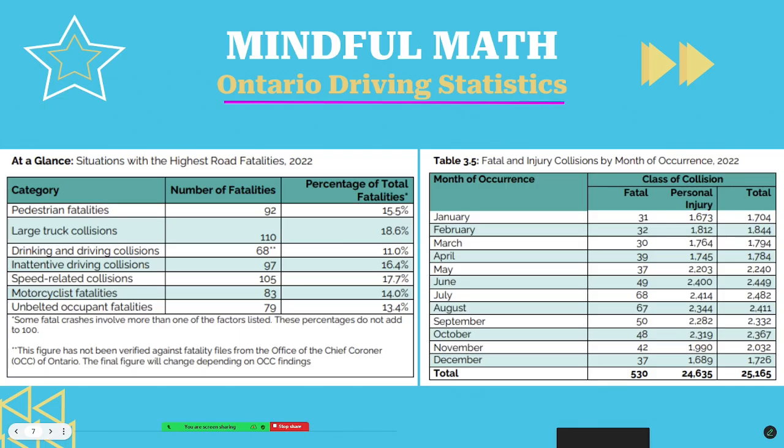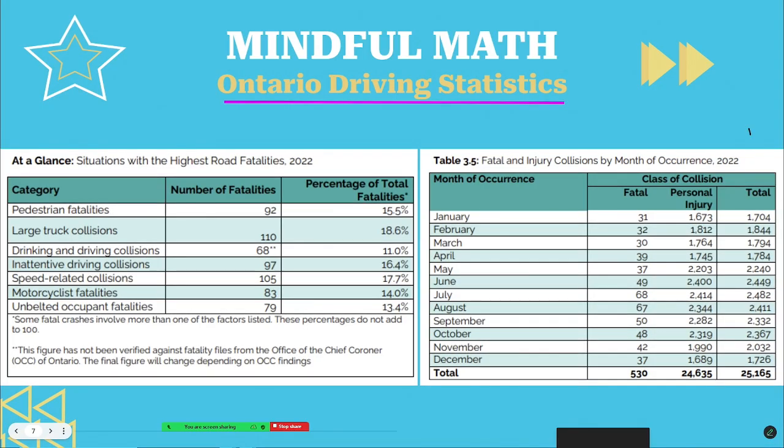Moving over to the fatalities and injuries during collisions by month, most of us might assume that January would be the highest, or December when we're thinking of those winter snow roads, ice-covered roads, when really, if you look over at the side where it has total.